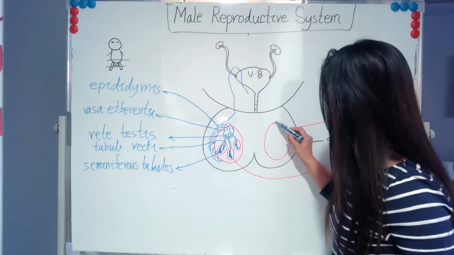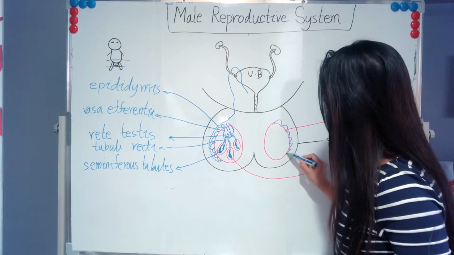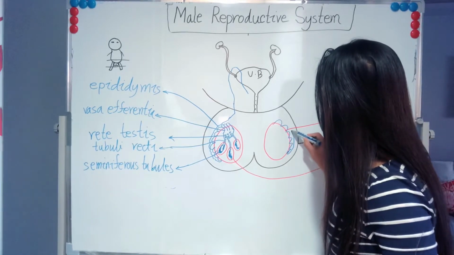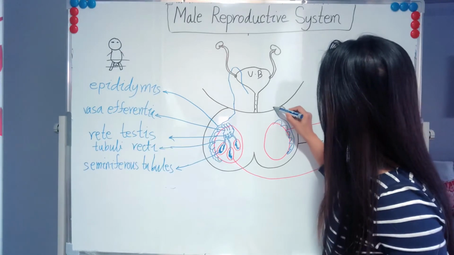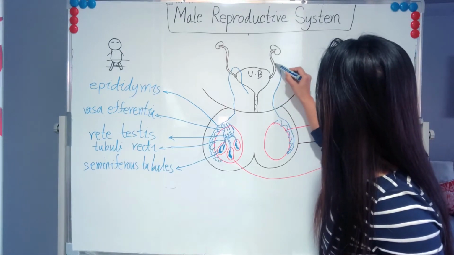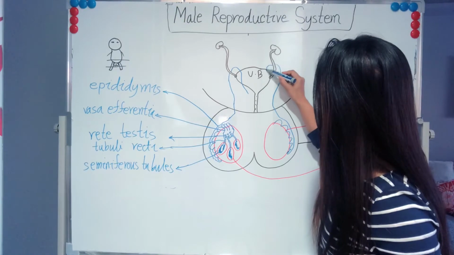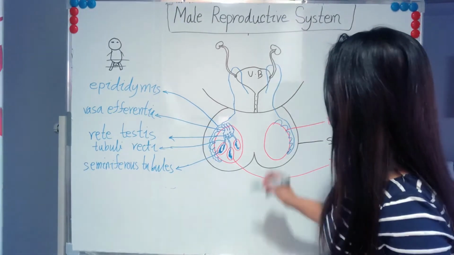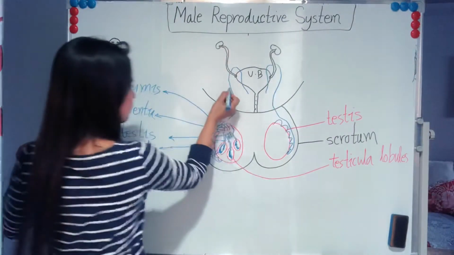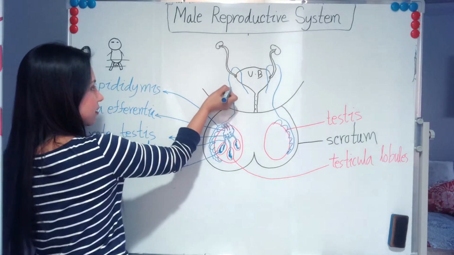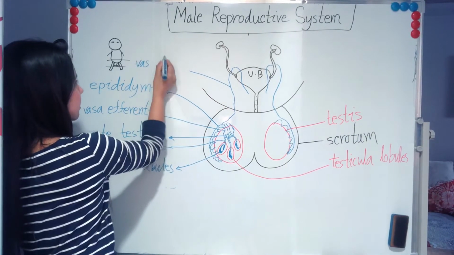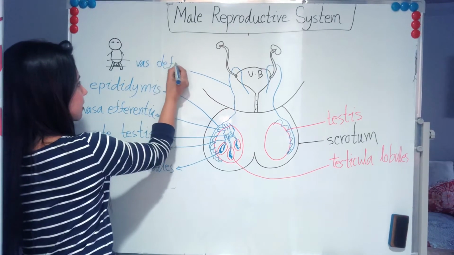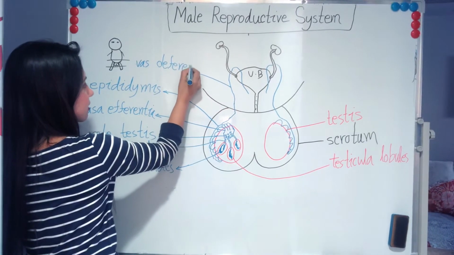Same on this side also: this is epididymis, then vas deferens, loops over urinary bladder, then comes like this. So this is vas deferens. This duct is called vas deferens.